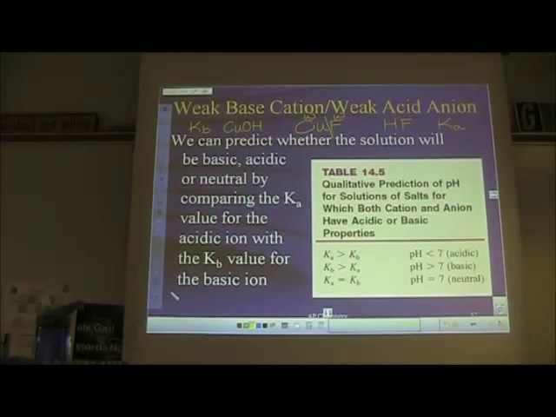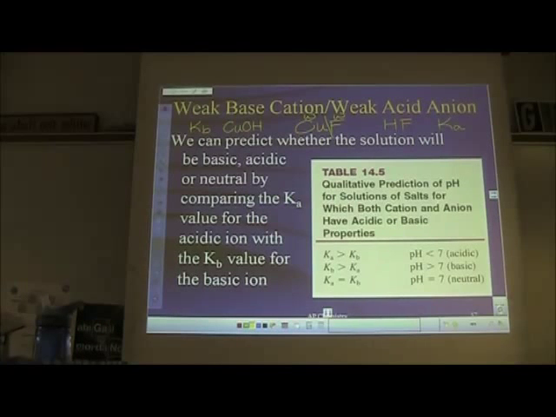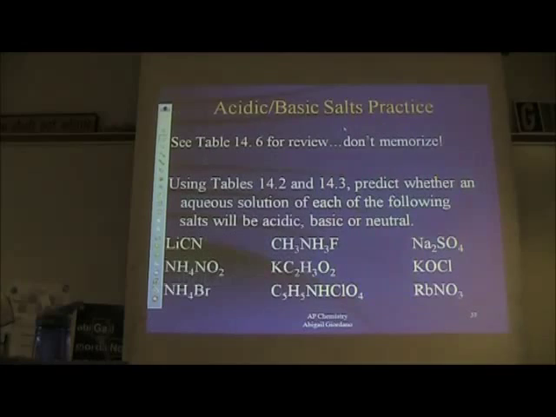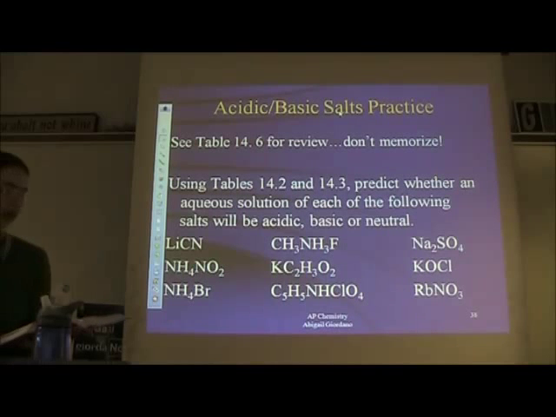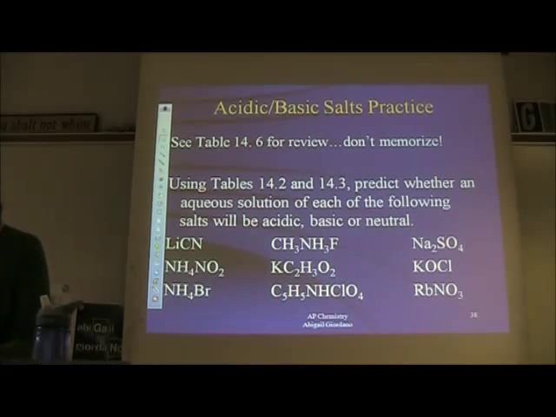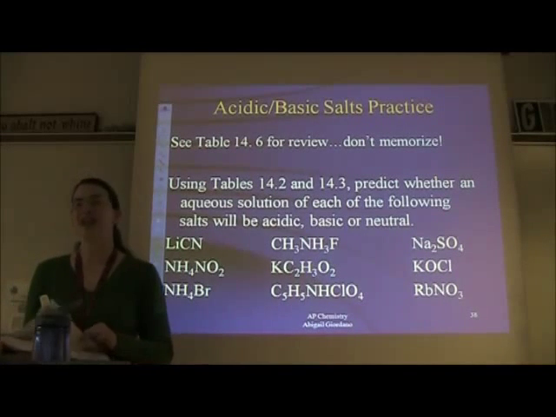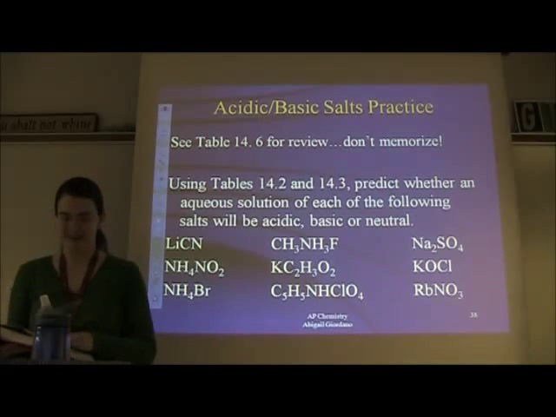So, you have a textbook in front of you. Please go to page 628. You'll notice that there's a chart on that page with Ka values. You'll need to go to a second page. Go to page 647 as well.